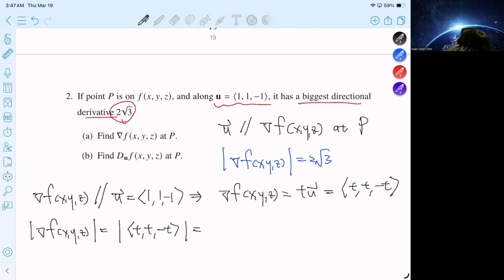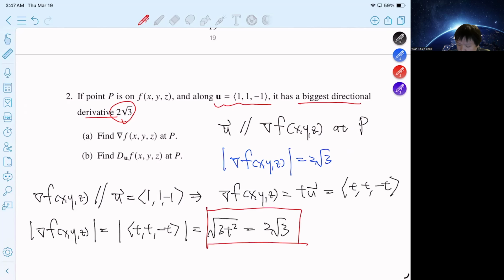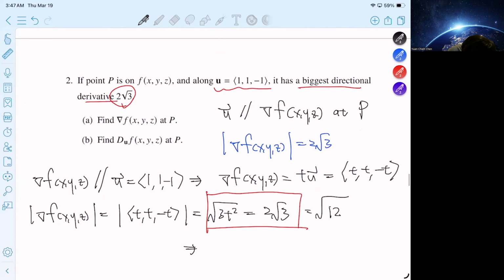So 3t squared, under the square root, equals 2 square root of 3. Squaring, 2 square root of 3 becomes 12, so 3t squared equals 12, t squared equals 4, and t is positive or negative 2.